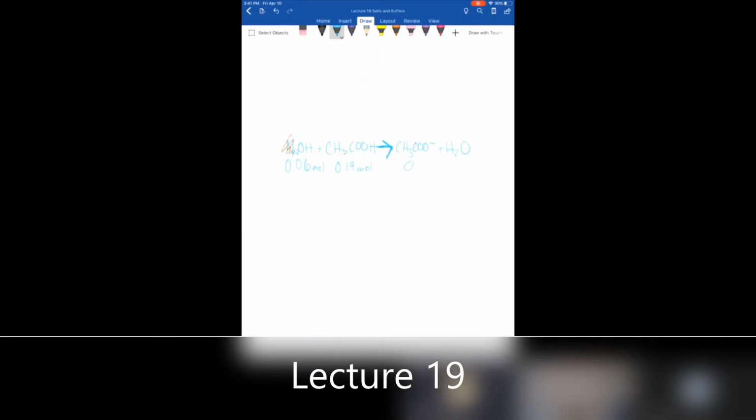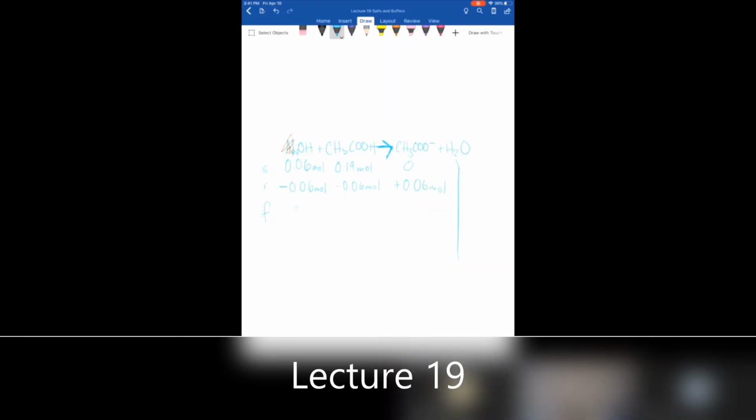This is just 0, and that never matters. SRF works just the same. All of your what is reacting or what is less is what you're going to subtract. You have less OH, so you're going to subtract 0.06 mole, and add 0.06 mole to get 0 NaOH.